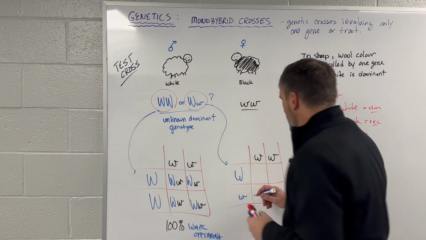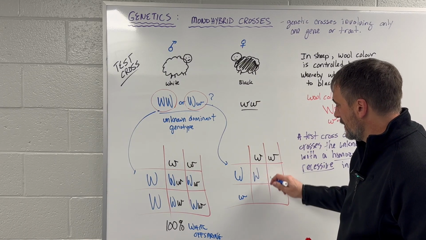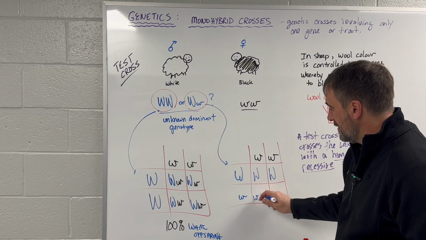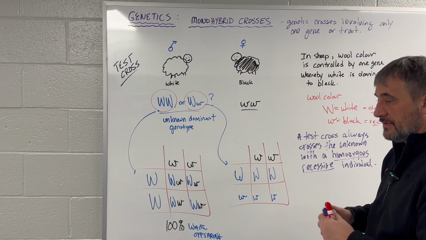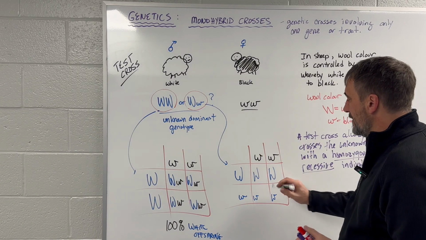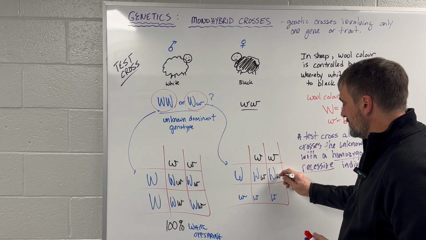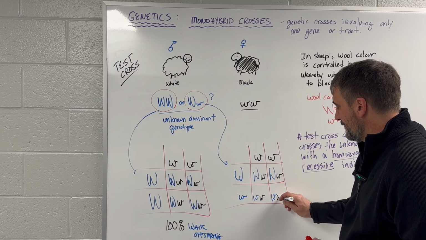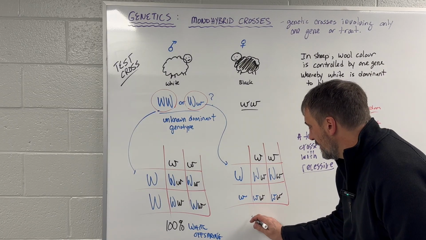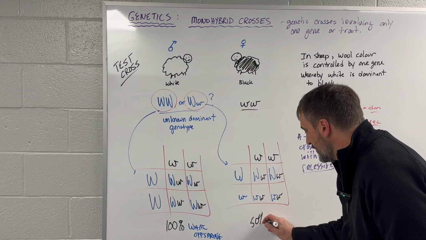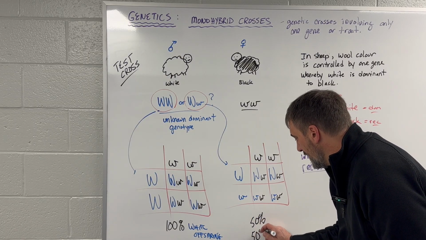If we see, on the other hand, dad's going to donate either a big W or a little w, mom can only donate little w's, so we're just completing the cross here. And in this case, we're going to get a 50% split.